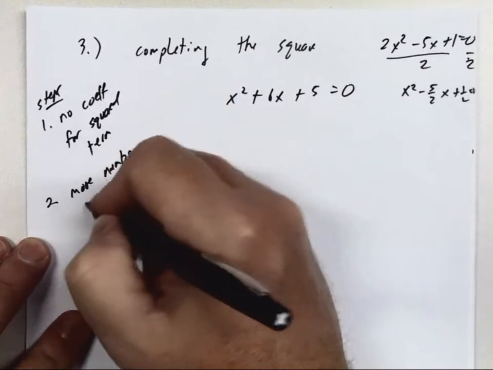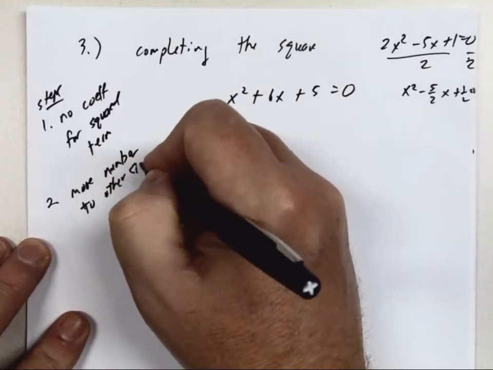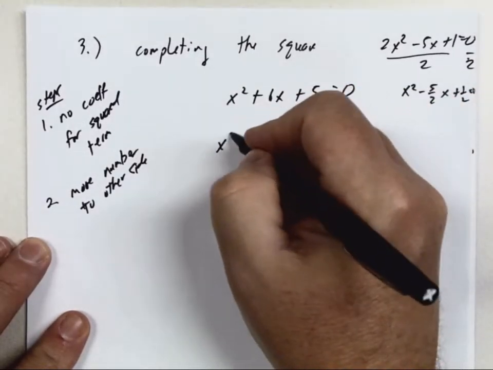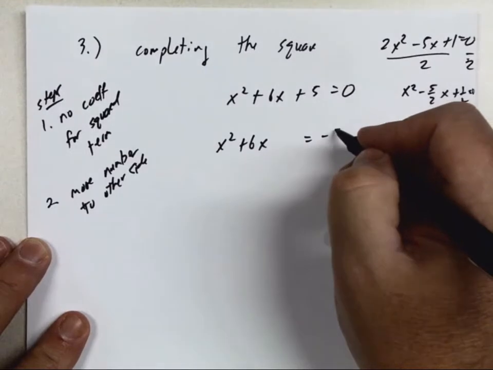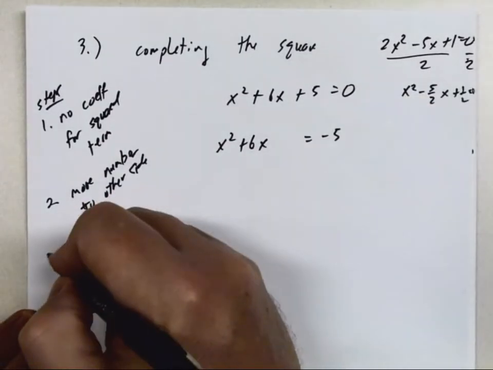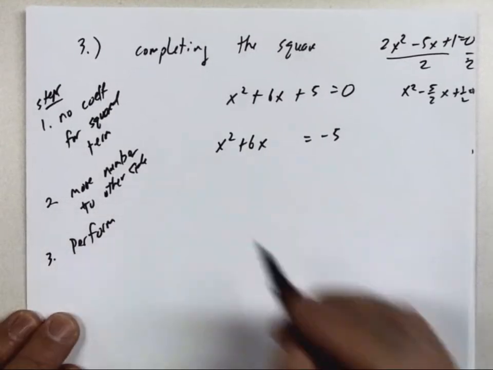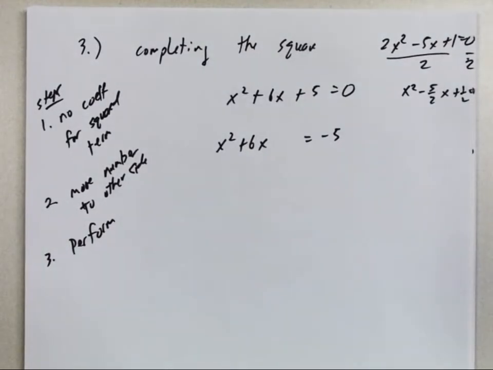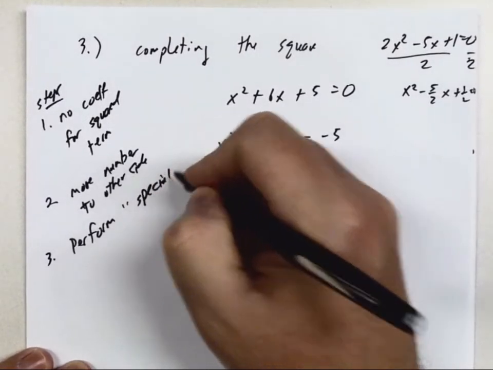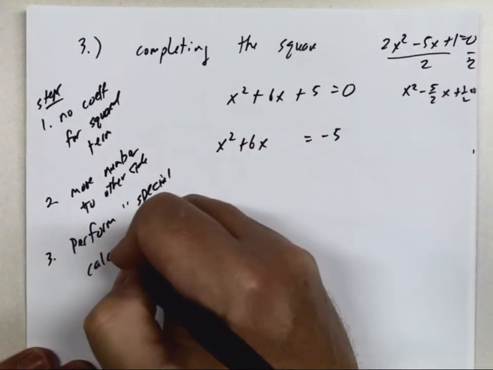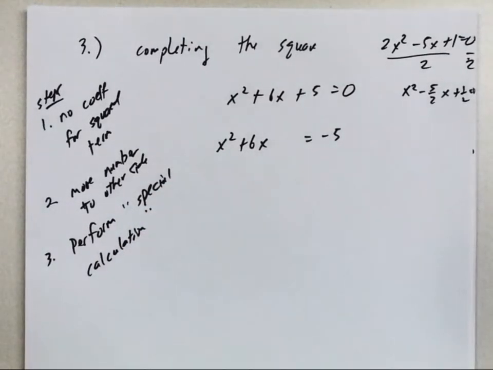Next, I'm going to move the number to the other side. So I'm going to subtract 5 from both sides. Now this is my little term. I'm sure the book doesn't say to do it this way. I call this performing the special calculation.